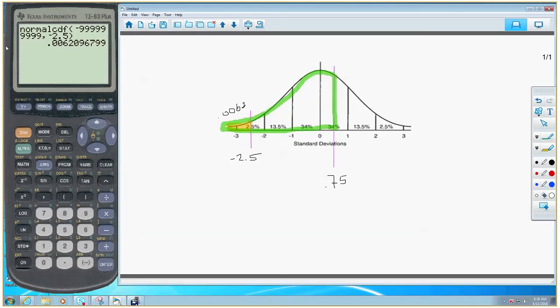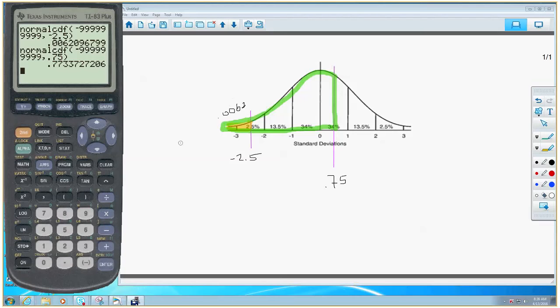And then the green, second entry, and change this guy to 0.75. That's 0.7734. So the green area is 0.7734.